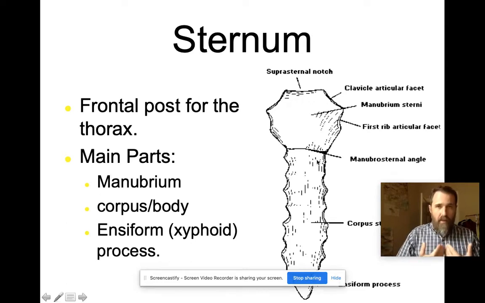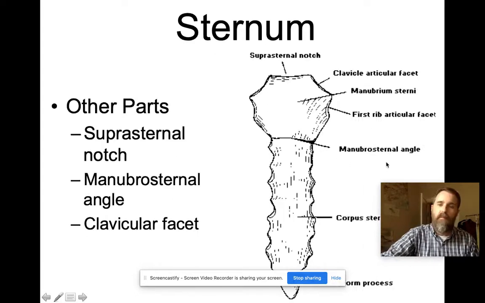So the sternum is this medial structure that our ribs attach to. It has 3 main portions: the manubrium on top, the corpus in the middle, and the xiphoid or ensiform below. I'll probably just use the word xiphoid.